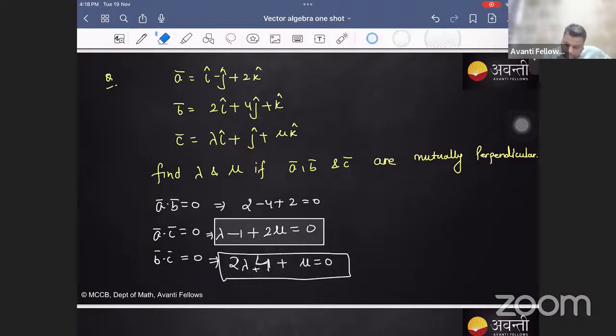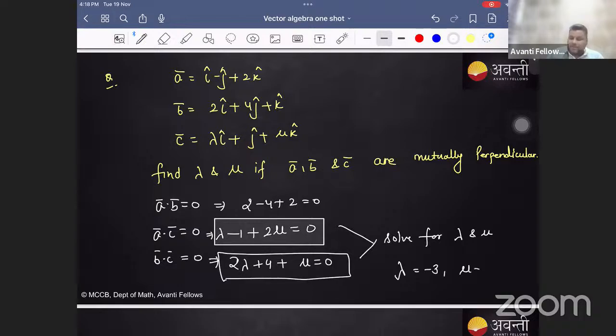Got it? Now, solve these for lambda and mu. That's it. So now if you solve them for lambda and mu, you get lambda as minus 3 and mu as 2. Have a look. This was very simple. Am I clear?